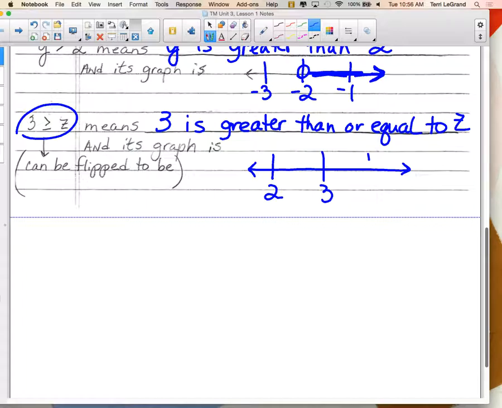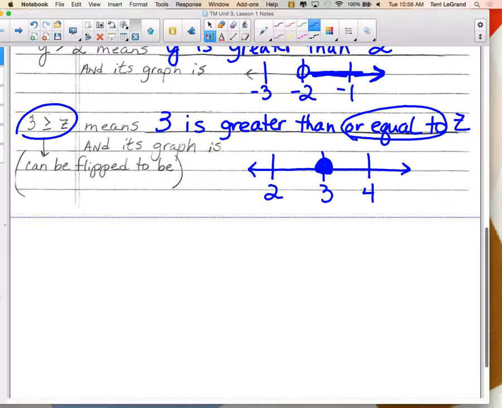Integer neighbor to the right. 4. Put a circle there. Is 3 part of the group? Is it part of the solution? Equal to, what's that tell us to do? Include it, shade it in. 3 gets to be part of the group.